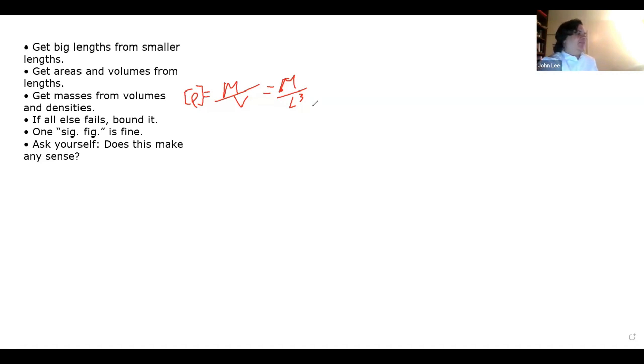1 sig fig is fine. I didn't really talk about significant figures, but when you're doing scientific notation, the number of figures up front is going to be your number of significant figures.